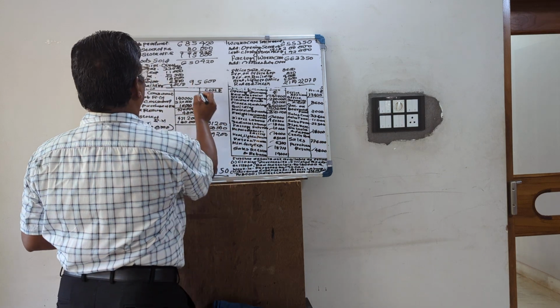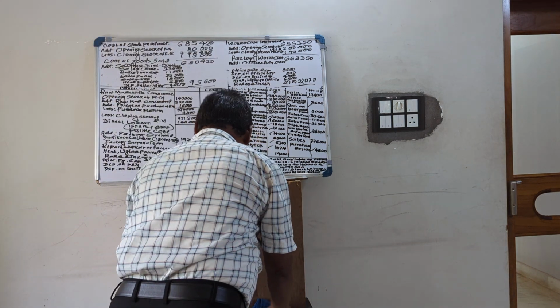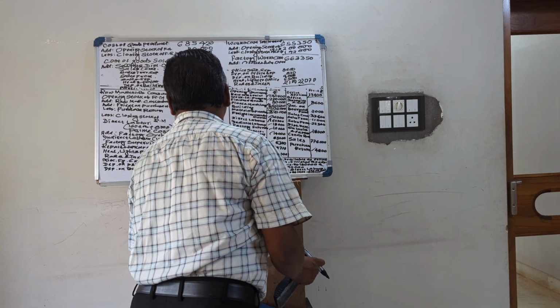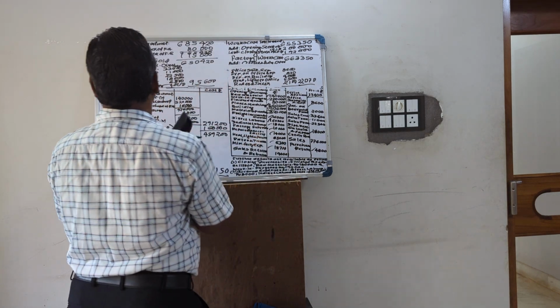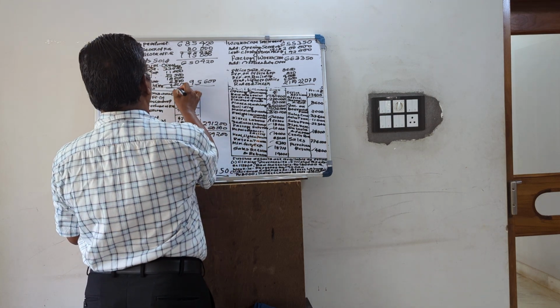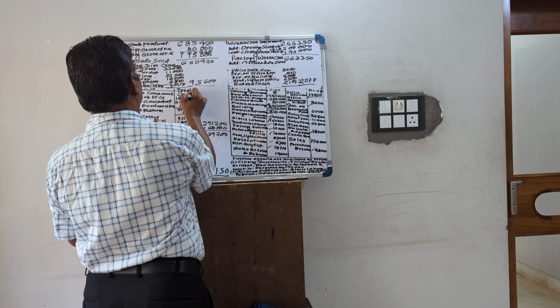So it will give you the cost of sales or total cost. Total cost, that is cost of sales.